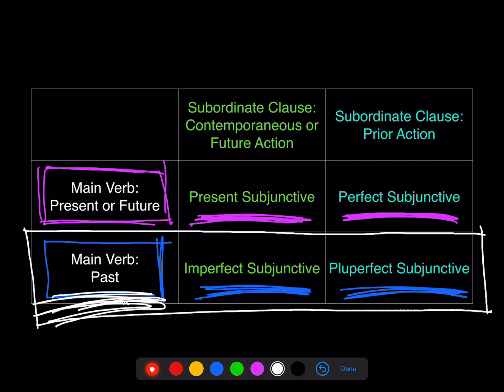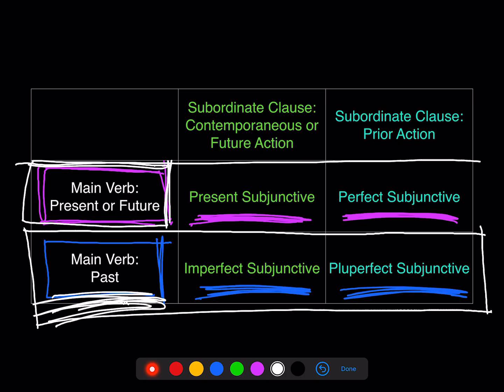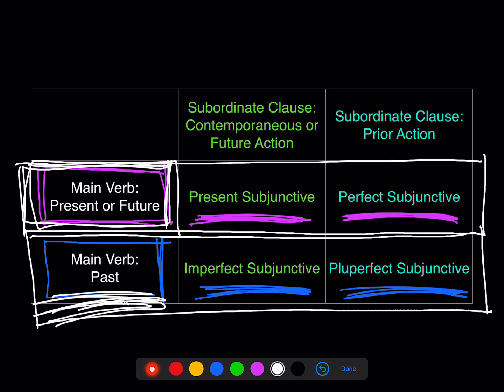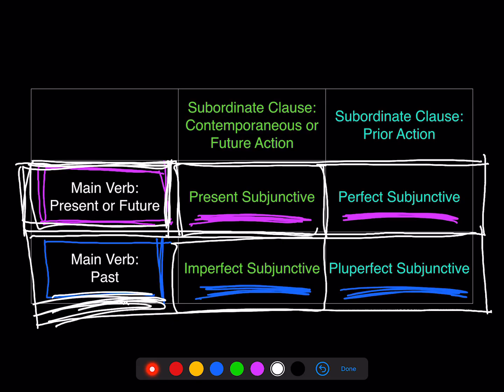Now in Unit 4, we have main clauses that are happening in the present or the future, and that's why we're using this part of the chart. So if your main verb is in the present or future, you're going to use a present subjunctive where we used to use an imperfect subjunctive, a perfect subjunctive where we used to use a pluperfect subjunctive.